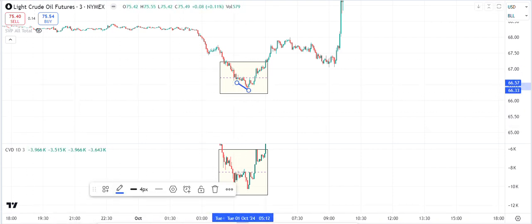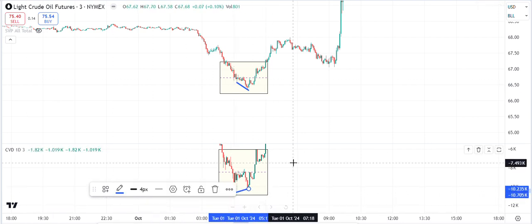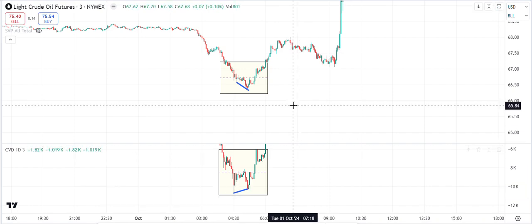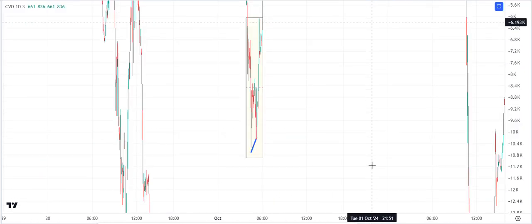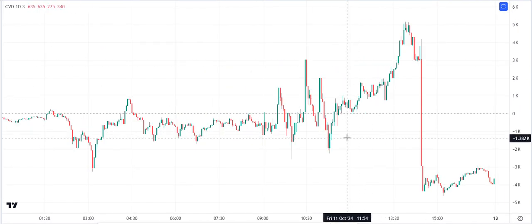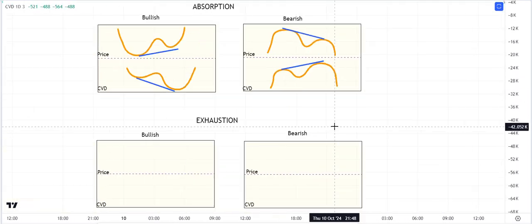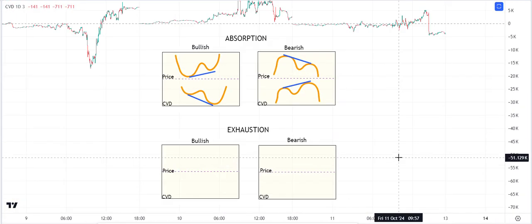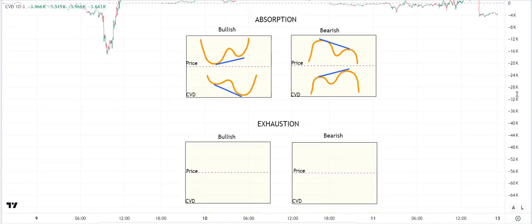So it'll be lower lows in price with higher lows on the CVD. Okay, let's go back to the template, sorry. Oh, did I lose the templates? No, I didn't. So we're going to go back to the template, and now we're going to look at exhaustion.